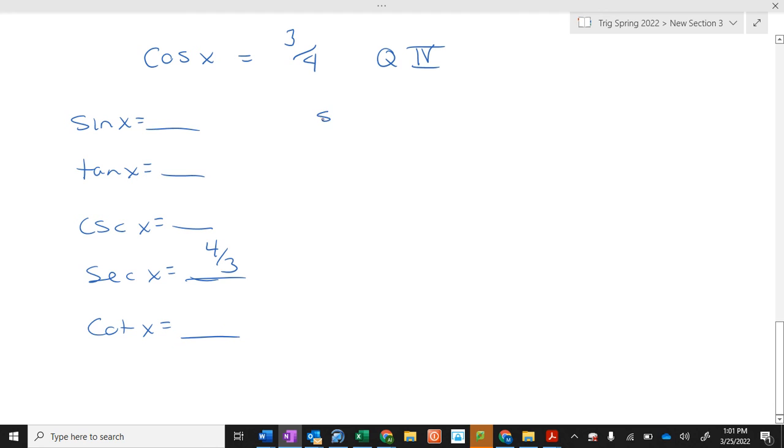Now, we know that sine squared of x plus cosine squared of x equals 1, right? So sine squared of x plus 3/4 squared would equal 1, right? Sine squared of x plus 9/16 equals 1. What do we do to each side? Subtract 9/16.